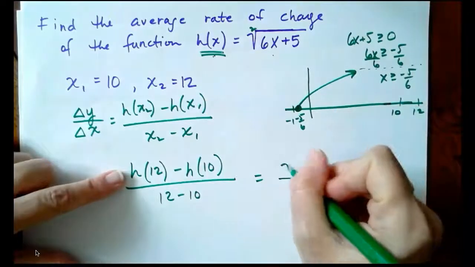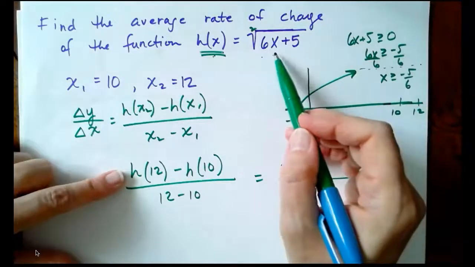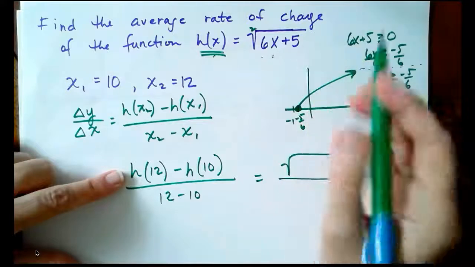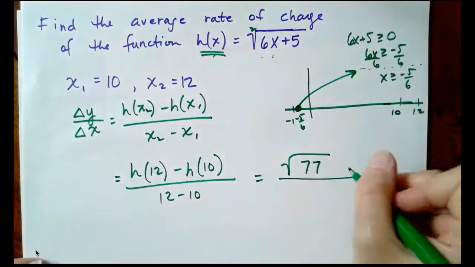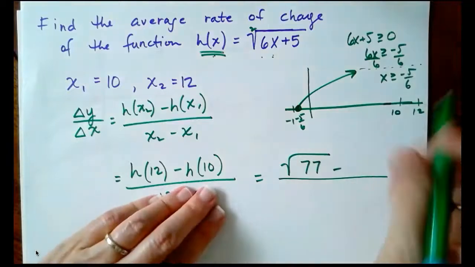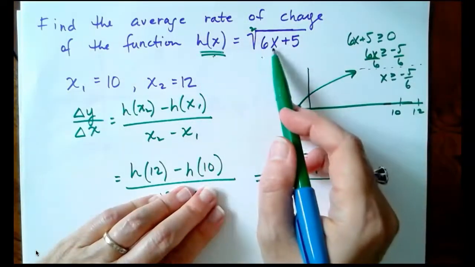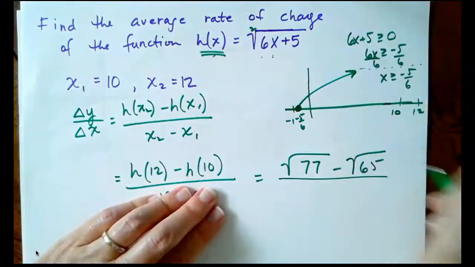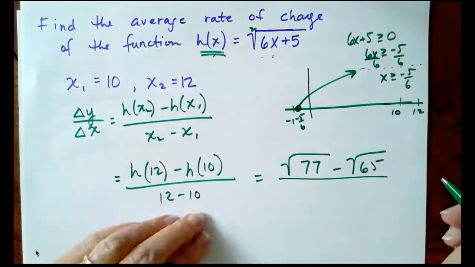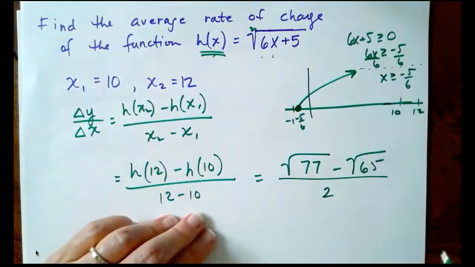So that is going to be the square root of 6 times 12 is 72. 72 plus 5 is 77. That radical does not reduce. Leave it just as it is. h of 10: 6 times 10 is 60. 60 plus 5 is 65. Square root of 65, over 12 minus 10 is 2. So this is the exact rate of change.